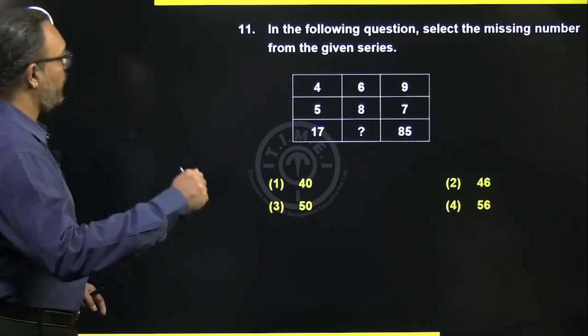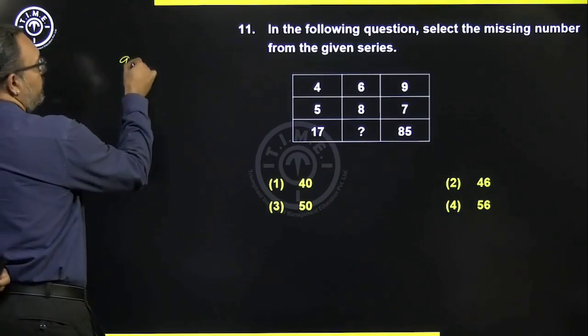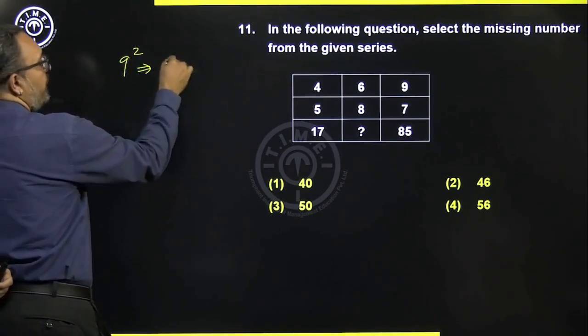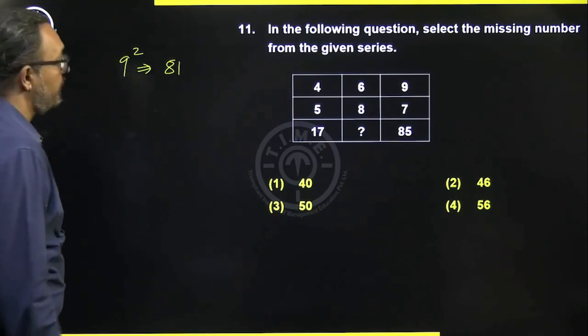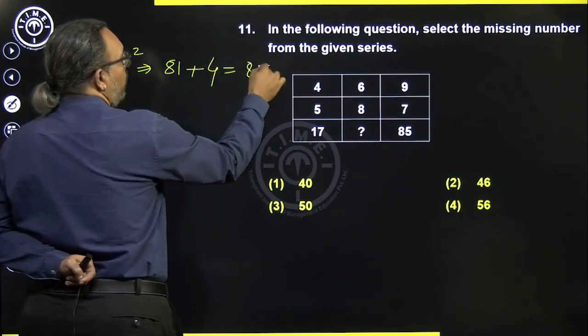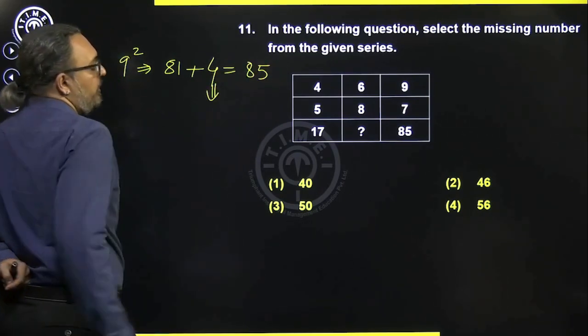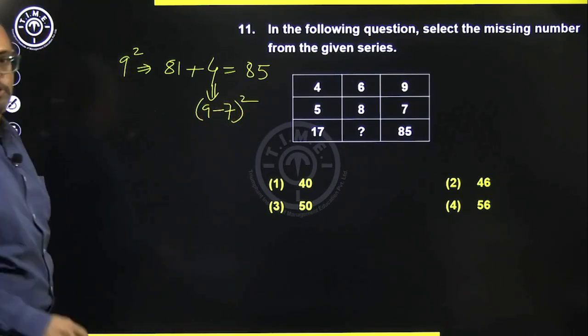Okay, so what we can do is, you have a 9, so I'll take a square that gives you 81, correct? And then I need to add 4 more to get 85. Now how do I get this 4? So can I take 9 minus 7 whole square, which is 2 square?